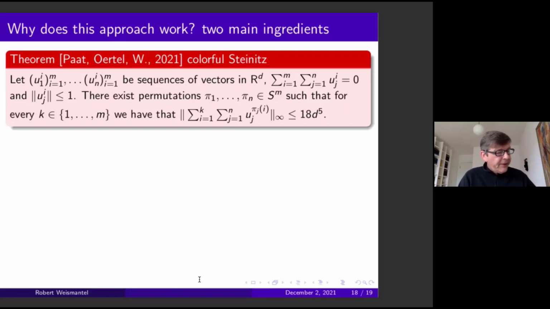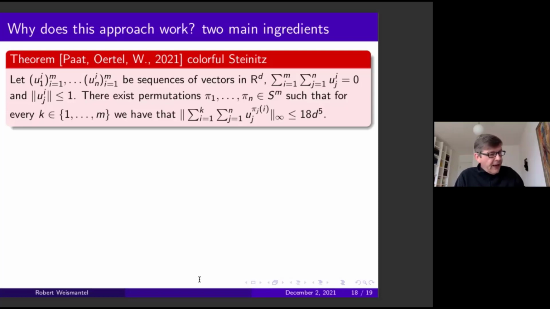When you look at the partial sums where you sum over all the sequences, then their infinity norm can be bounded entirely by the dimension and not by the number of sequences and the number of points in the sequence. So this is what we call a colorful version of Steinitz.